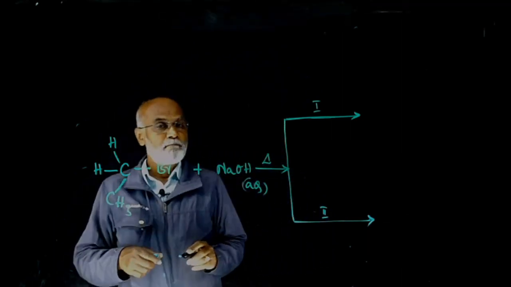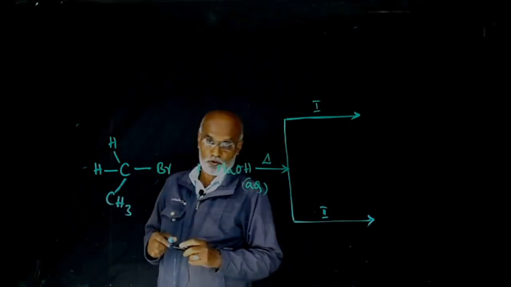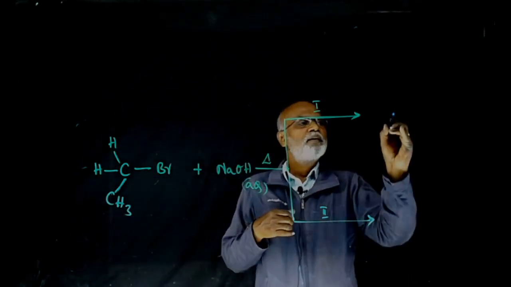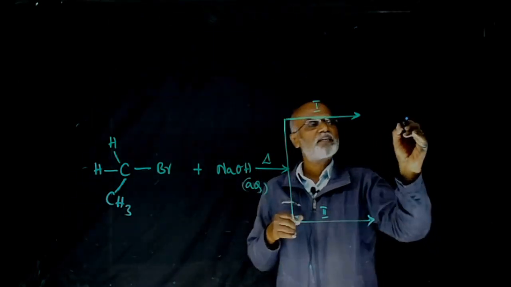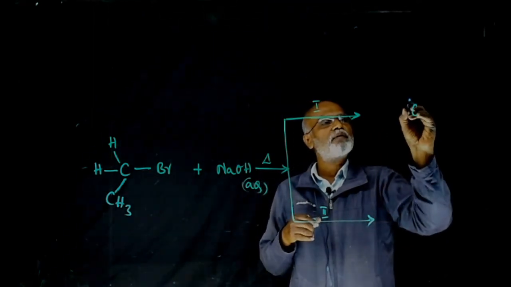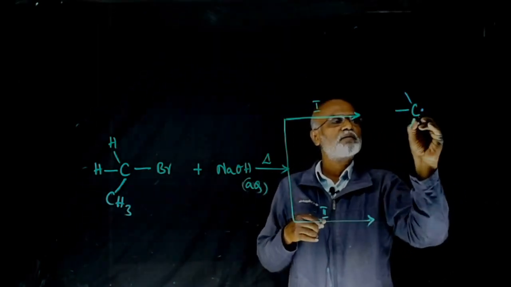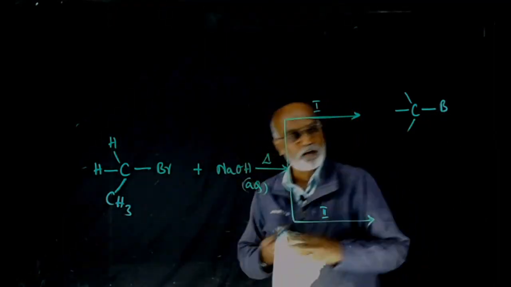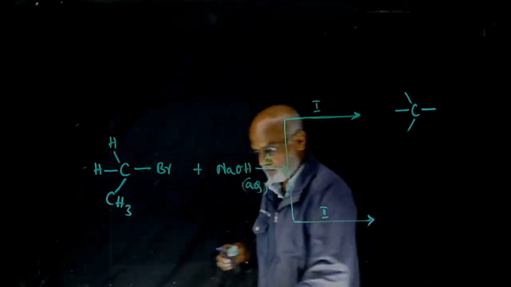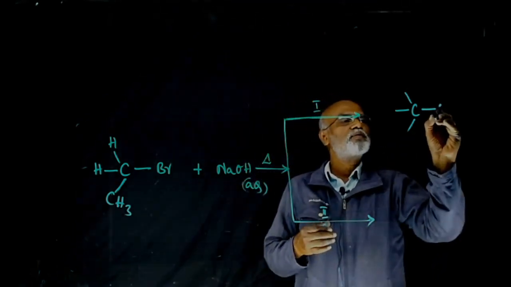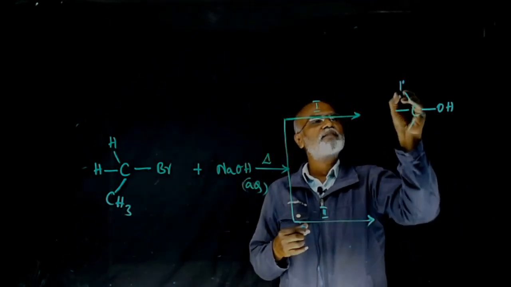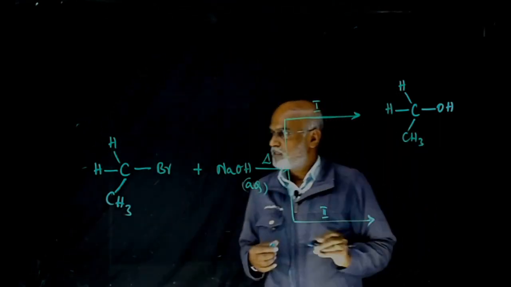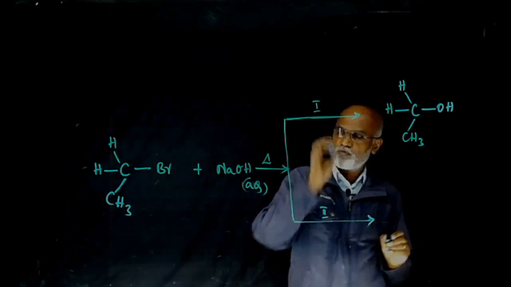Now, when the reaction proceeds, it is possible to get a product of this type. Look here, Br will be replaced by OH. This is OH, and this is H, and this is H, and this is the CH3. This is one product, let me call it structure 1.